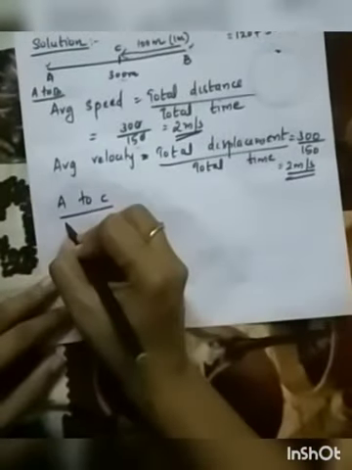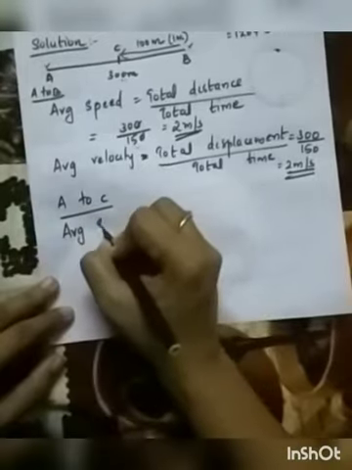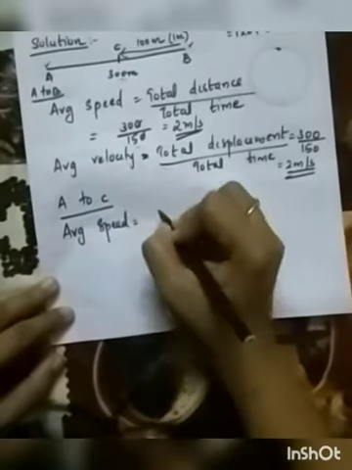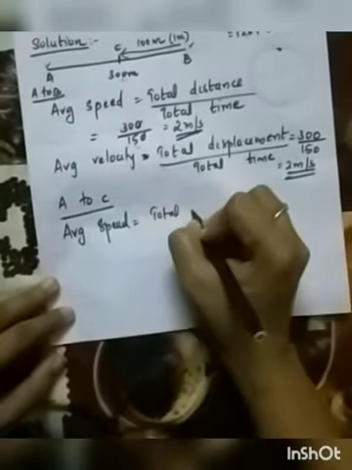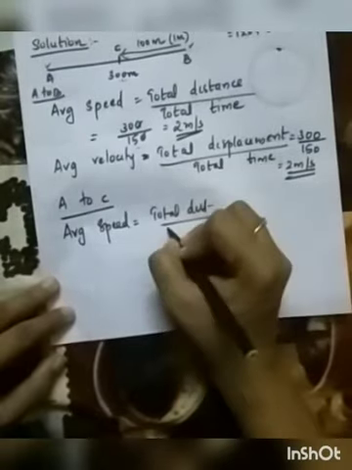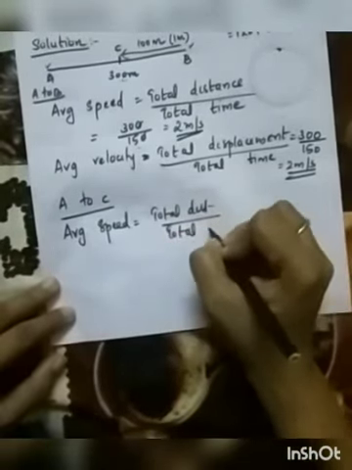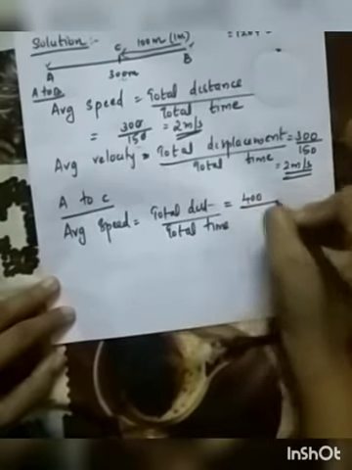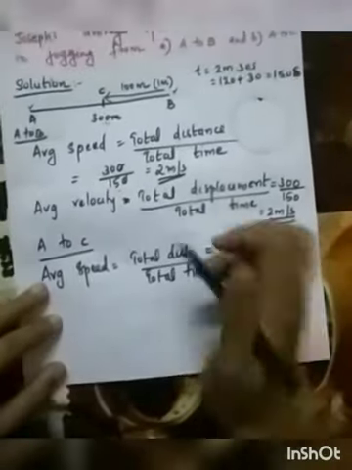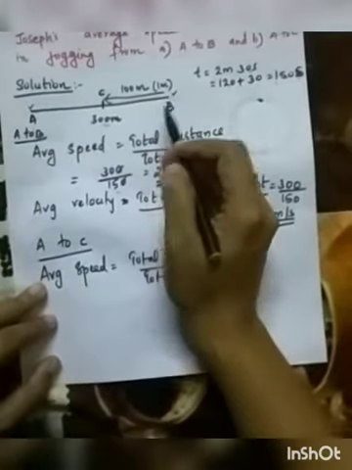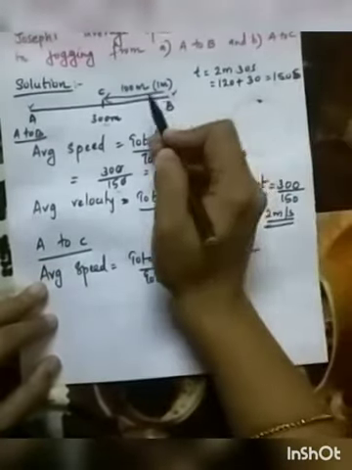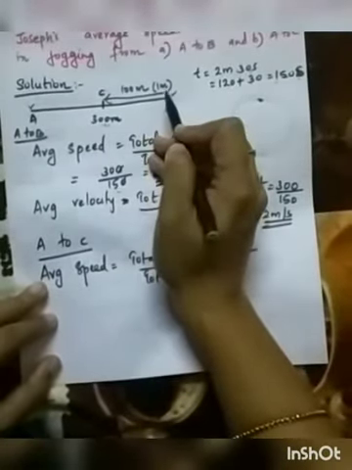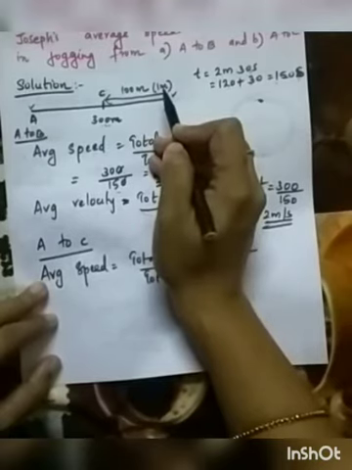So what will be the average speed here? Average speed is total distance by total time. And what is the total distance? 400 meter. Now what is the total time? To travel from A to B, he took 150 seconds, and to travel from B to C, he took 1 minute. 1 minute means 60 seconds.